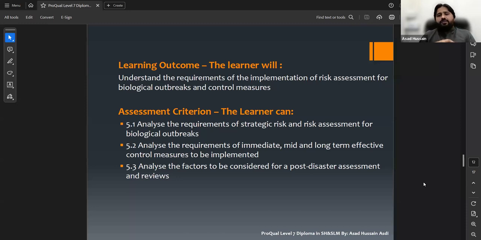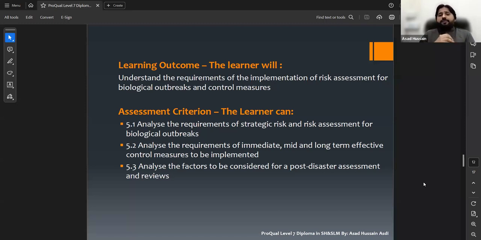Along with that, for proper control, mid and long-term effective controls may have to be implemented. So in 5.2, it is all about the requirements: if some type of biological outbreaks are there, definitely you should have immediate, mid, and long-term effective control measures, or a control plan for them.